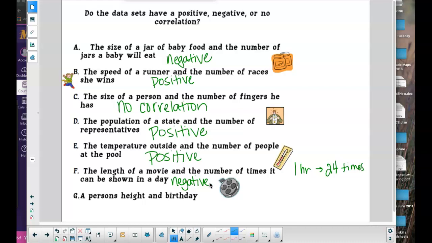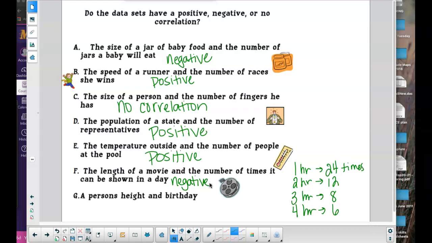Everybody agree? If it was a 2-hour movie, now it can only be shown 12 times. If it was a 3-hour movie, now it can be shown 8 times in the day. If it was a 4-hour movie, it could be shown 6 times. So as the hours are increasing, the number of times it can be shown is going down. They're going in opposite directions, so it is negative.